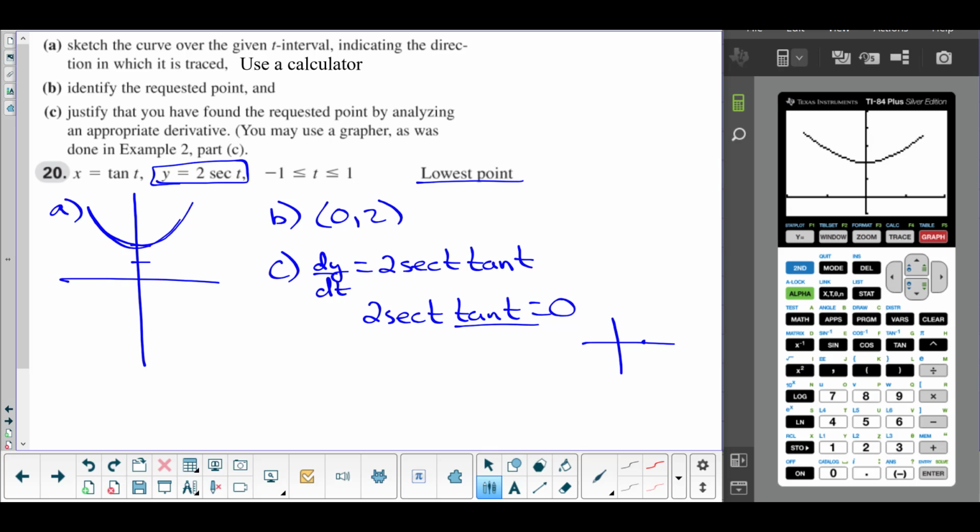We have the point 1, 0. Tangent is sine over cosine. So t equals 0. Now, the reciprocal of 0 is undefined, so we got to make sure that secant is not undefined where tangent is 0. And secant is the reciprocal of cosine, so we're fine at 0. So reciprocal of 1 is 1.